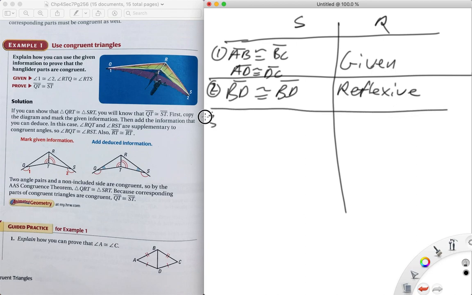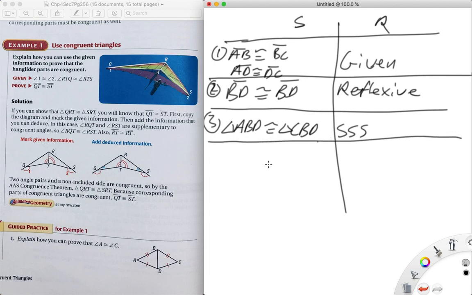Then we can say that they're congruent, ABD, CBD. And we can say they're congruent because of side, side, side. And then once I prove that they're congruent, then any corresponding part of these triangles are congruent. So angle A is congruent to angle C. Corresponding parts of congruent triangles are congruent.